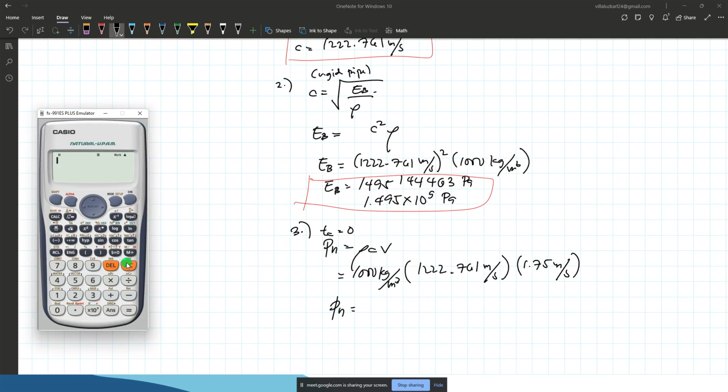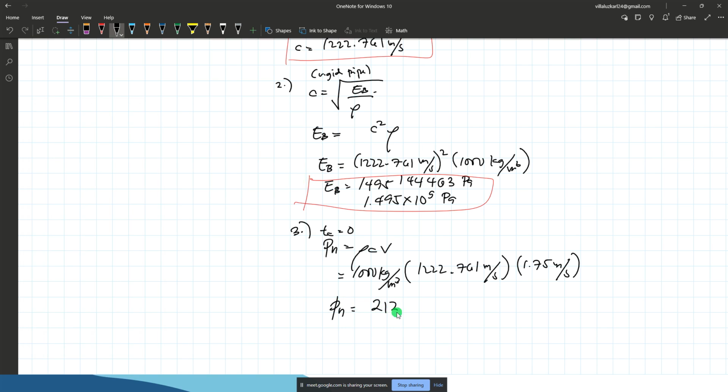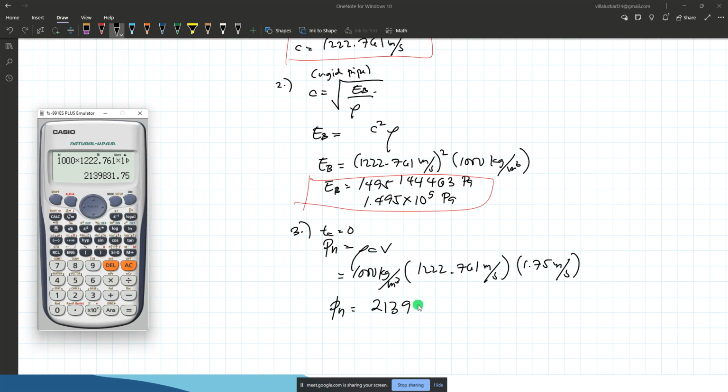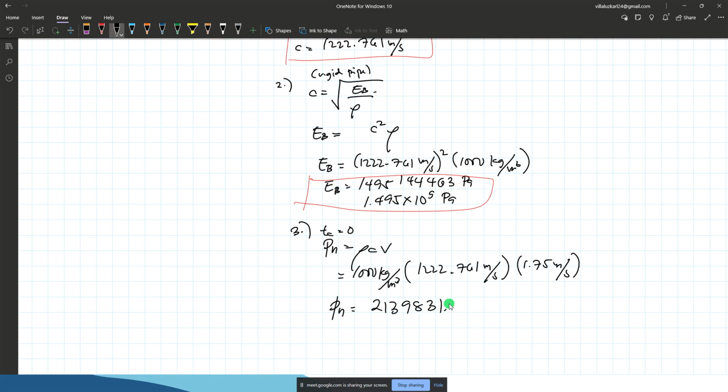The computation is 1000 times 1222.761 times 1.75, which is 2,139,831.75 Pascal, or in kilopascal, 2139.832 kilopascal.